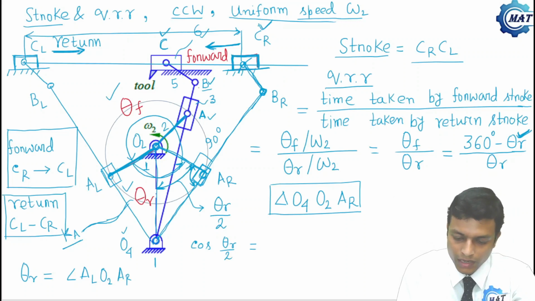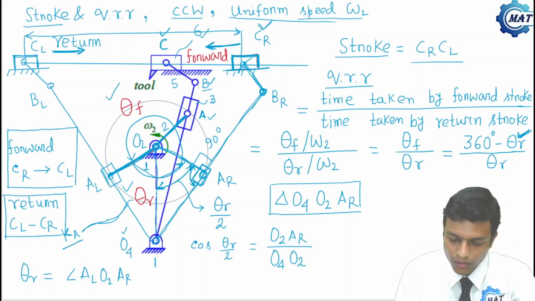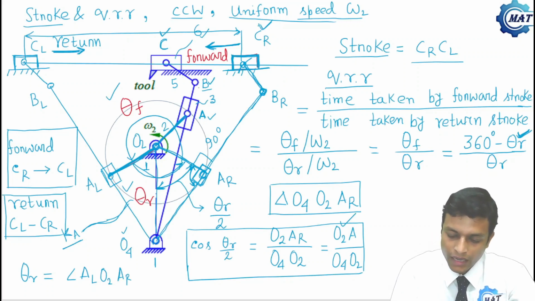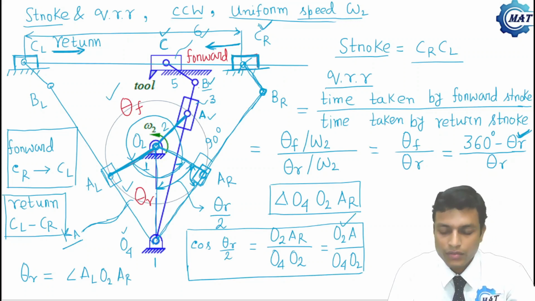So cos of theta R by 2 is O2 AR by O4 O2. O2AR is nothing but O2A divided by O4 O2. So O2A is the length of the crank and O4 O2 is the length of the fixed link.